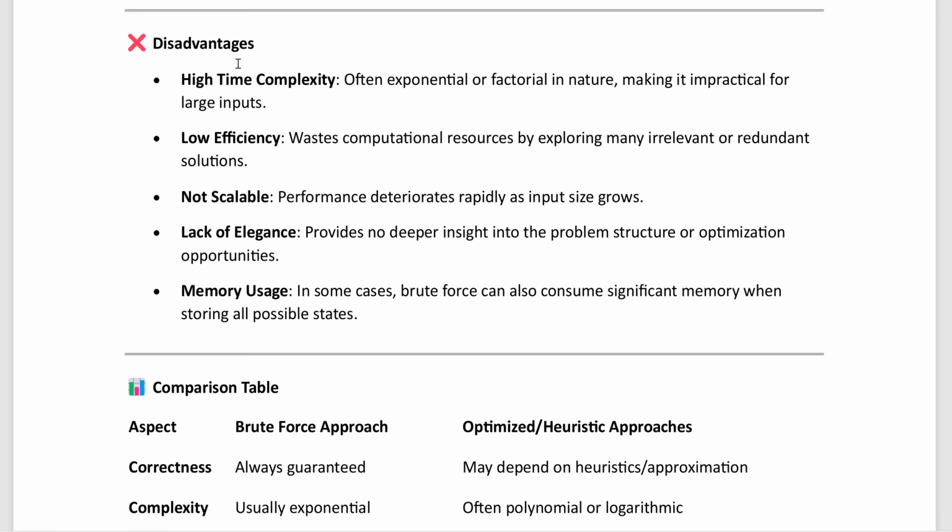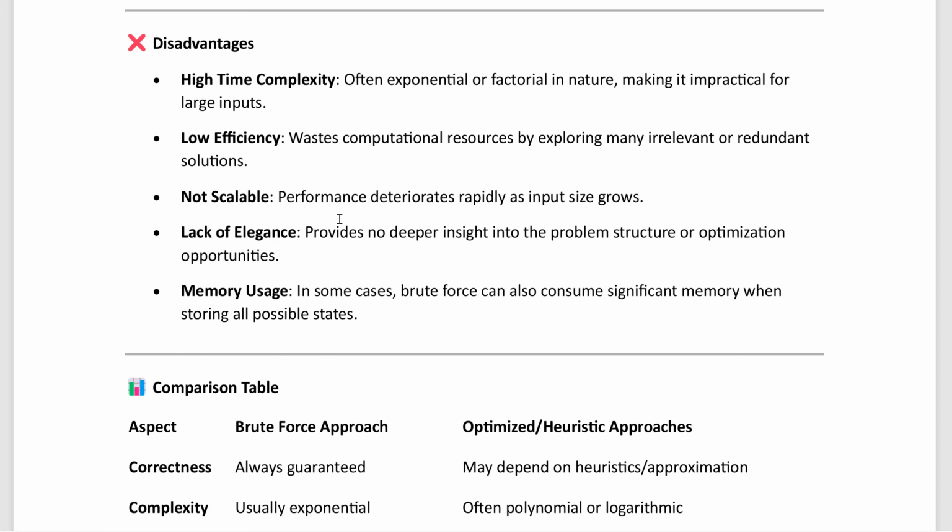There are some demerits also of brute force approach. First demerit is high time complexity. The time complexity of brute force approach is often exponential or factorial in nature, making it impractical for large inputs. Second disadvantage is low efficiency. Brute force approach wastes computational resources by exploring many irrelevant or redundant solutions.